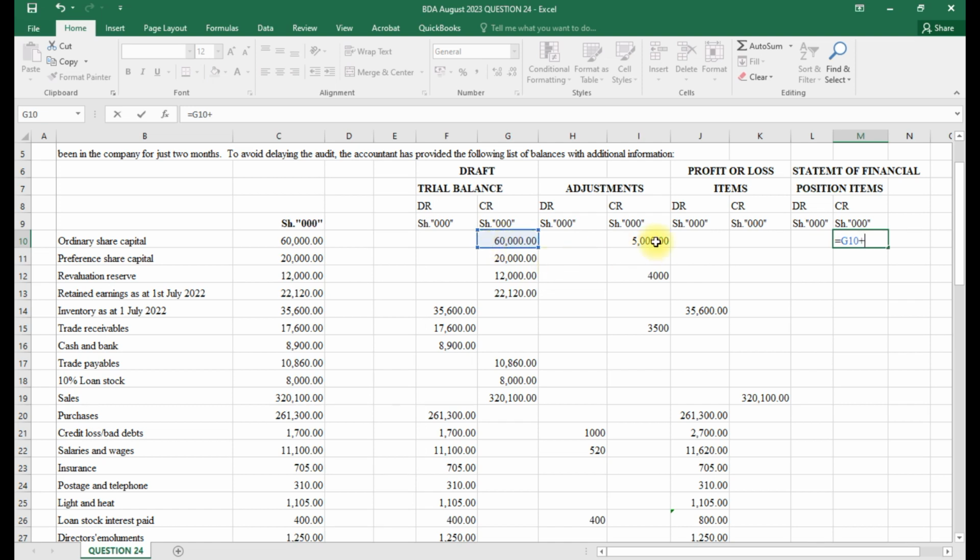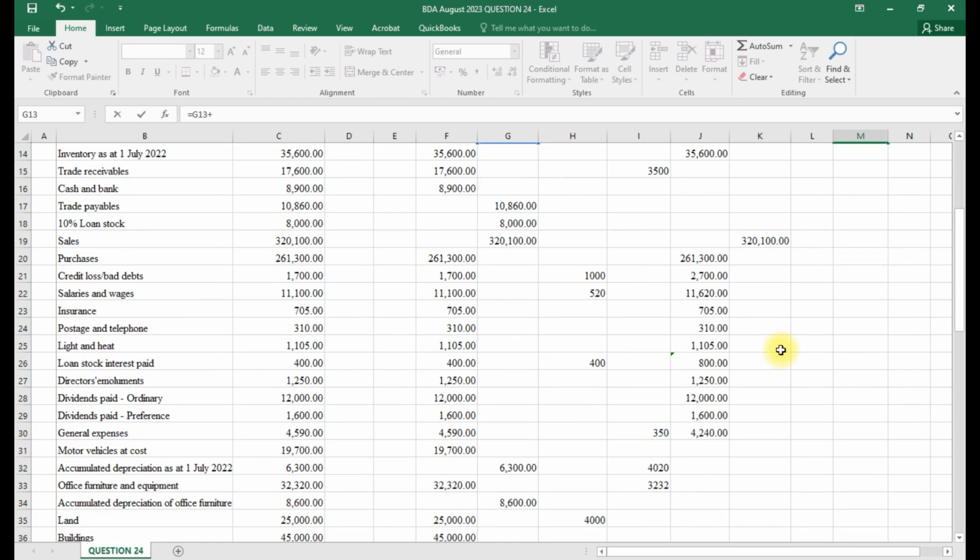So for the financial position, we shall have the ordinary here, this one, and we add the adjustment of 5,000. So we shall have this preference, we shall have a revaluation, and we add with this. Then we shall have the retained profit. So here, retained profit, this was the brought forward, and we add for the year.